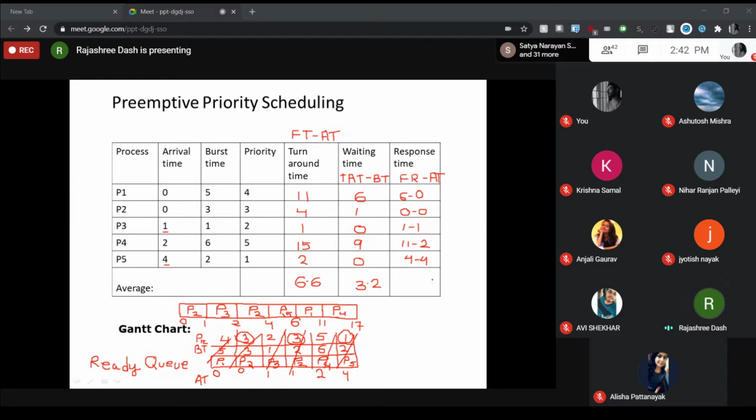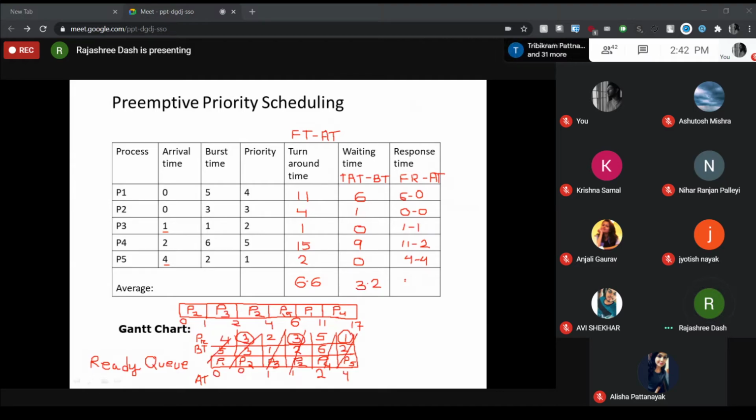So, are you finding the same waiting time and response time for all the processes? No. What is the average response time here? 3.